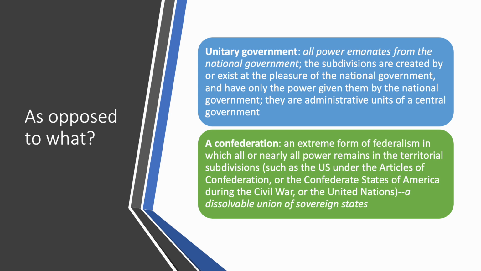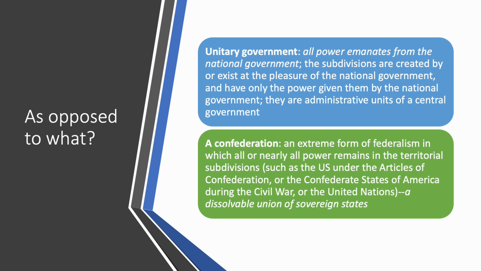France, China, many big nations around the world are unitary governments where all the main power emanates from the national capital. And the subdivisions are there to administer national policies. In many cases, the subdivisions were actually created by, or they exist at the pleasure of the national government. That's not the system we have, clearly, but many countries have that.